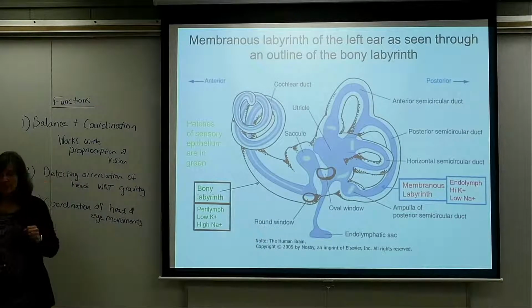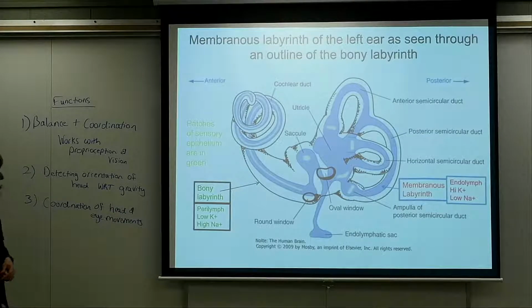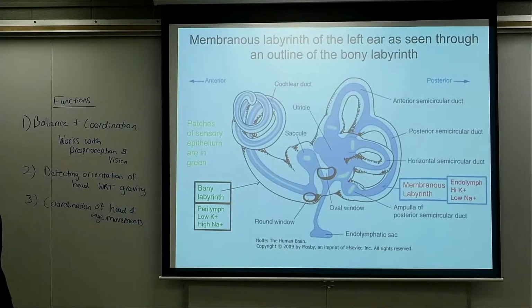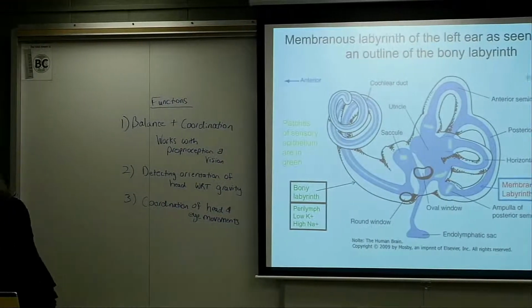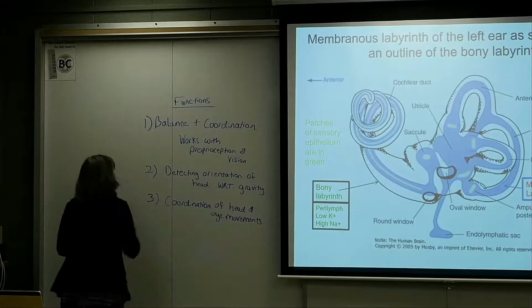So within these sensory epithelial areas are something called hair cells. And I'm going to draw those on the board, and we're going to talk about these hair cells in detail. So these are our receptor cells. I'm going to erase this.